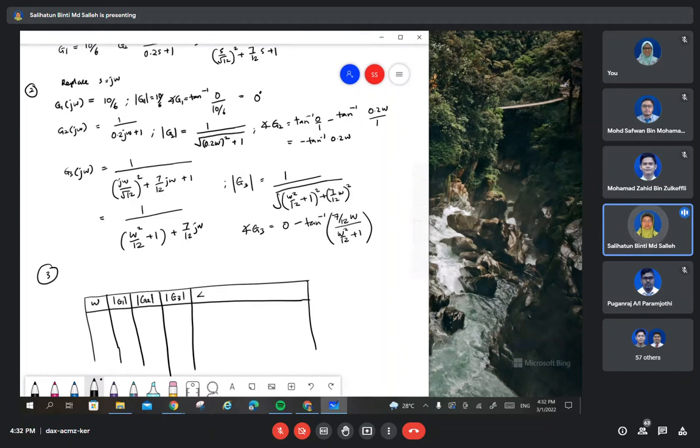So the angles of G1, G2, and G3. We have 3 phases and also 3 magnitudes, and we make a total of G. This is for the overall G, and then we have the total phase.